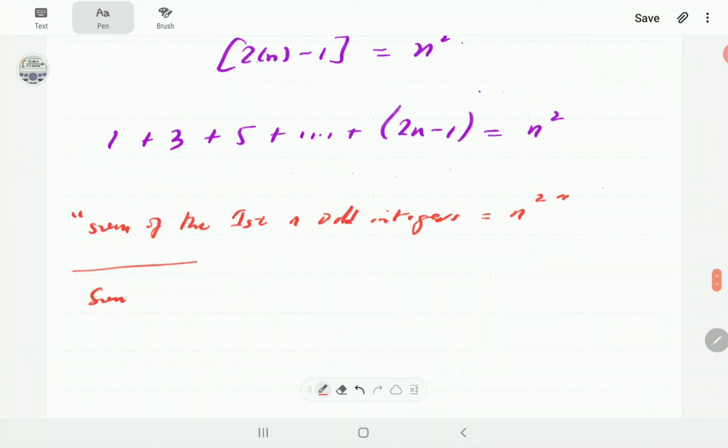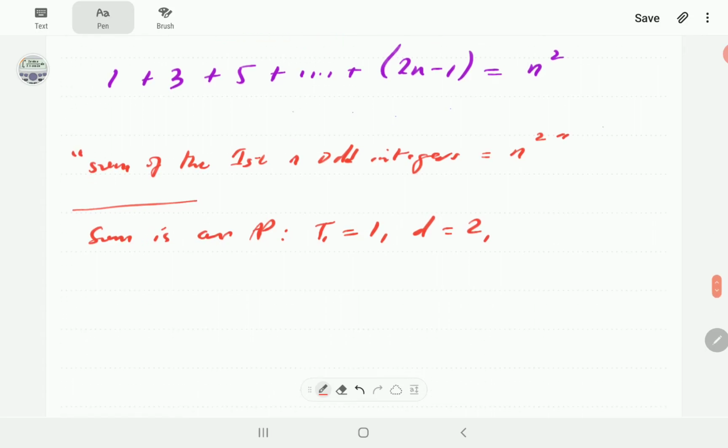So the sum is an AP. This is an AP with T1 equals 1, d equals 2.